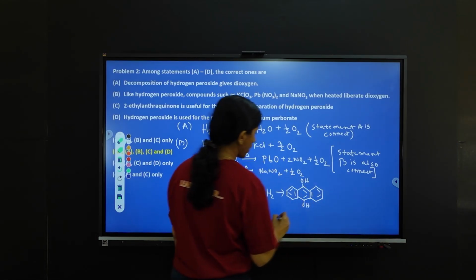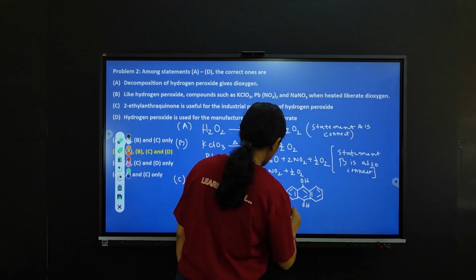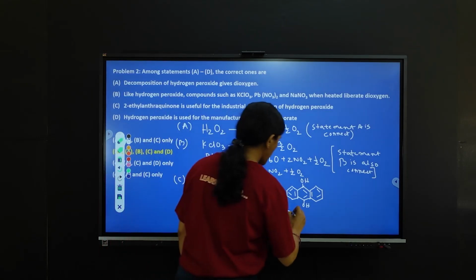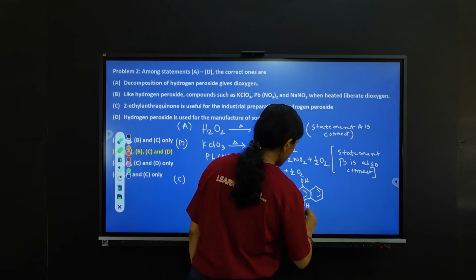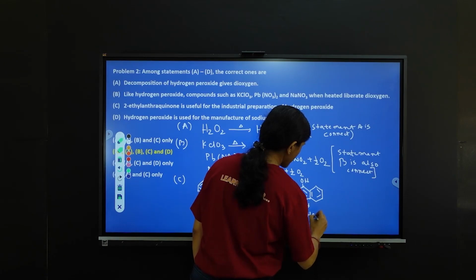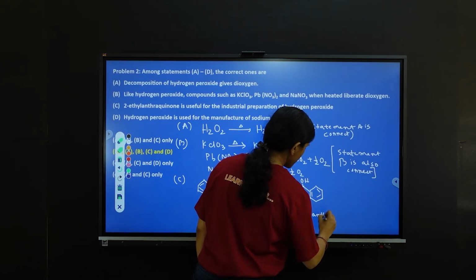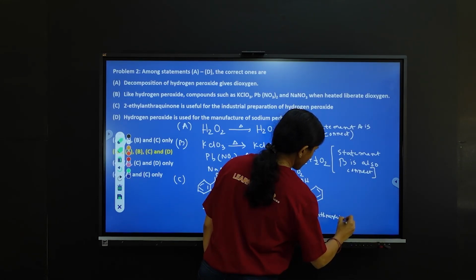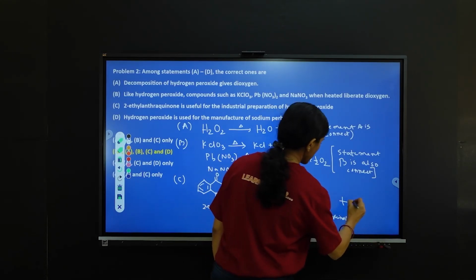And the name of the compound which it is generating is 2-ethyl anthraquinol. Right, plus O2.